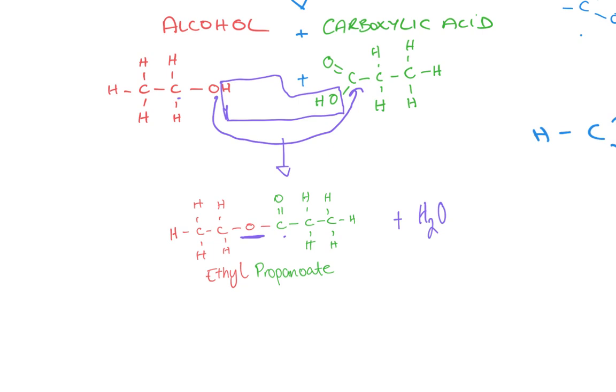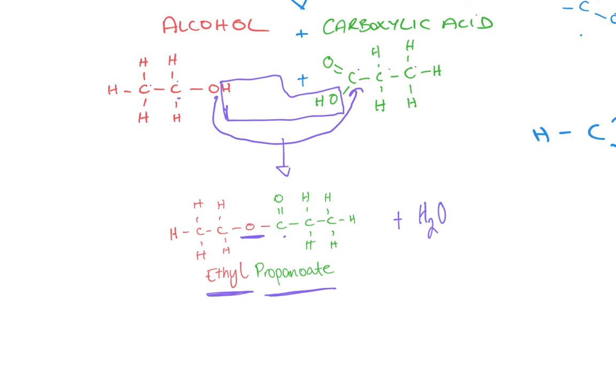The first part of the name of the ester comes from the alcohol, and the second part comes from the carboxylic acid. So even if you can't work out what the display formula would be for the product, you can name it. The alcohol in this case is ethanol because we've got 2 carbons, and the carboxylic acid is propanoic acid because we've got 3 carbons. And so the name of your ester would be ethyl propanoate.